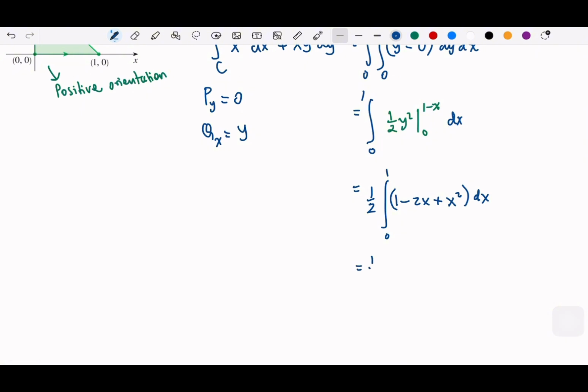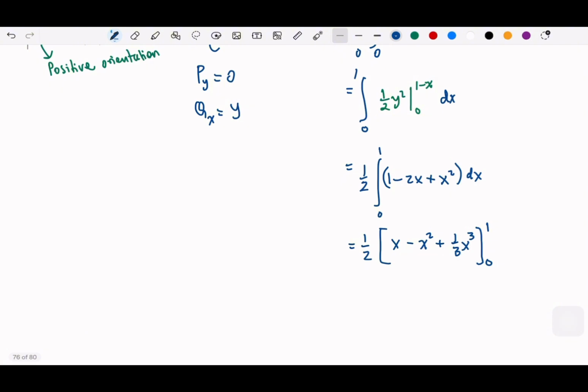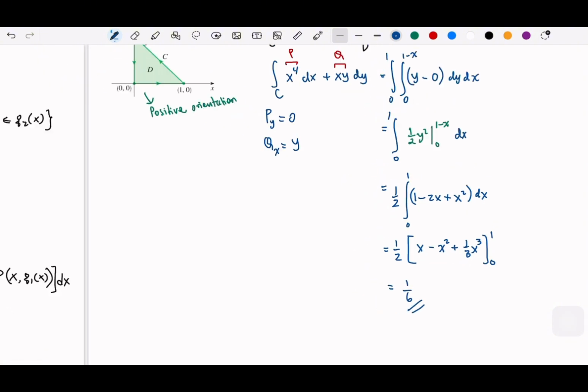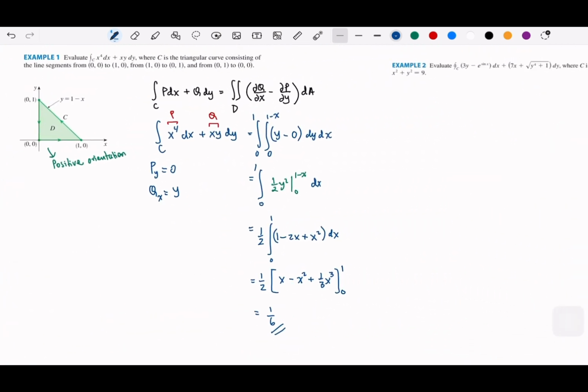We can take this out. This will be 0, and this will be 1 over 3. This will be 1 over 6, okay? So we get the result 1 over 6.